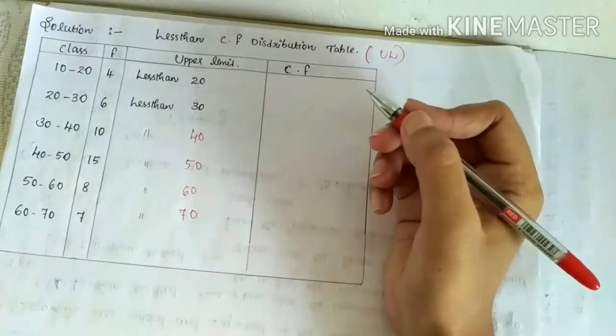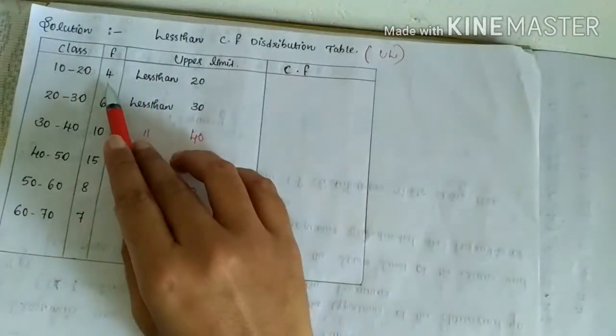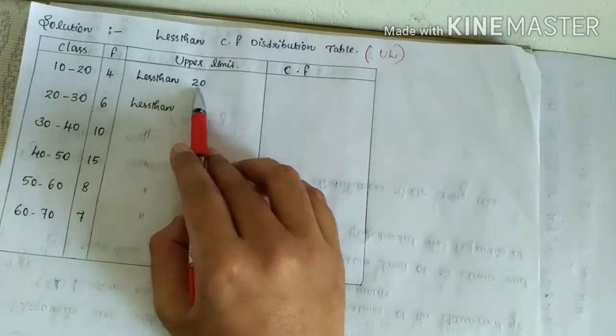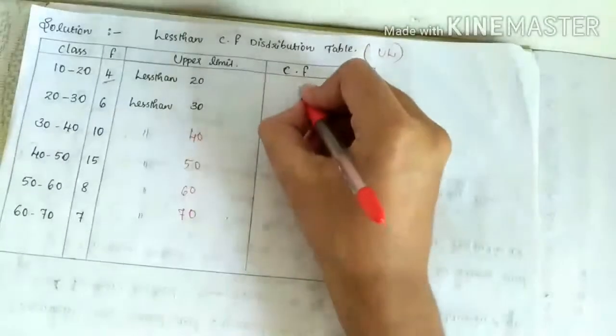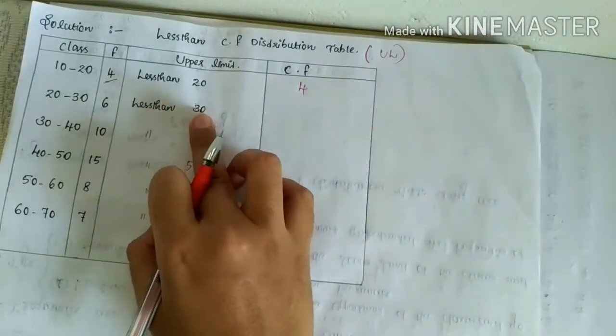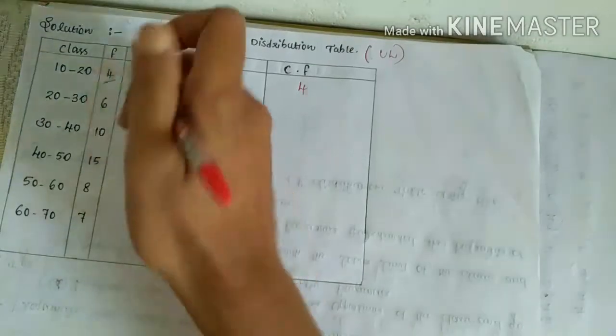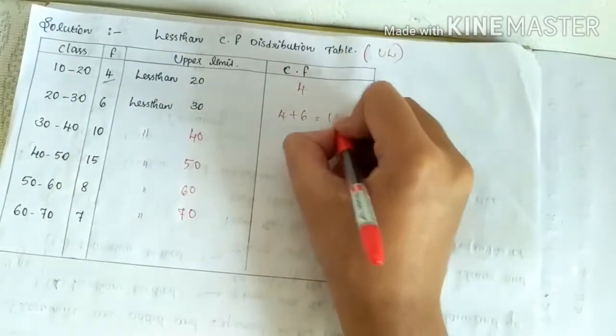Then how to calculate cumulative frequencies in the case of less than method? So for less than 20, the cumulative frequency is the same as the frequency, 4. And next, in the case of less than 30, the cumulative frequency is 4 plus 6. The answer is 10.